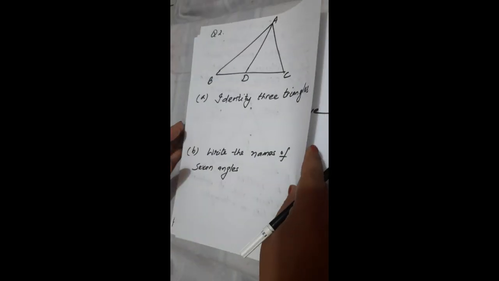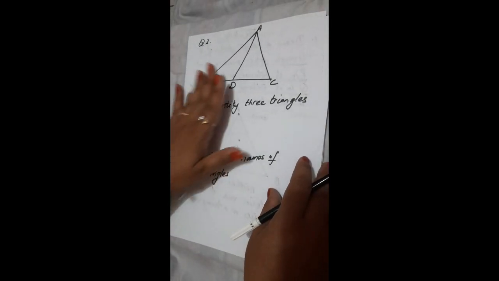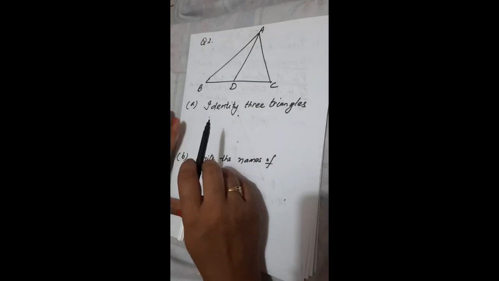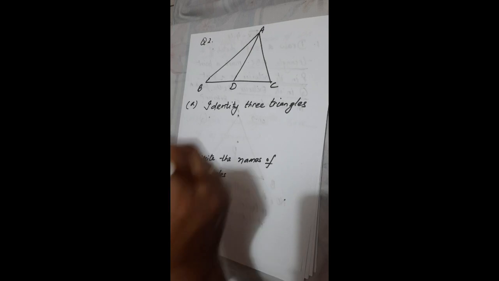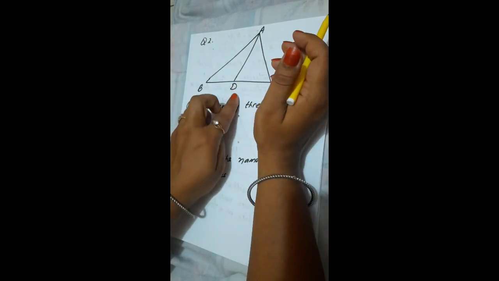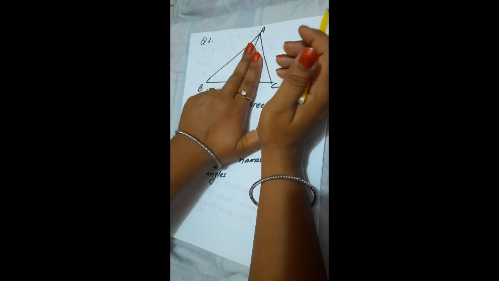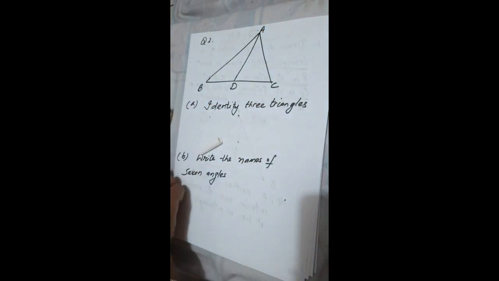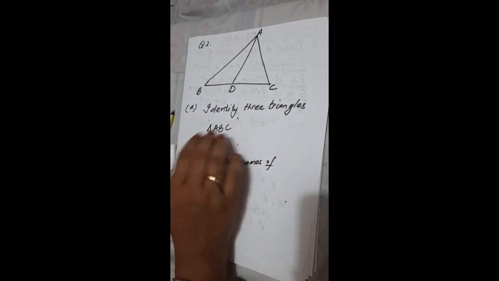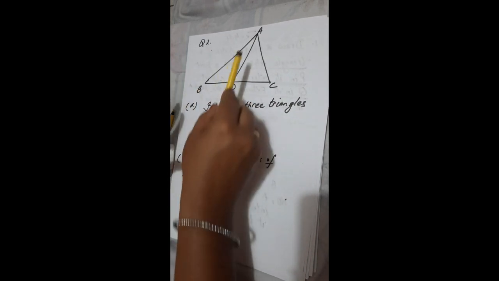Move to question number 2. In question number 2, this figure is given to you and 4 parts are there. First, identify 3 triangles. If I hide this AB, then I will get ABC as a triangle. So I will write triangle ABC if I hide this AB.